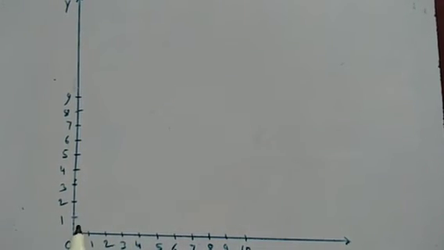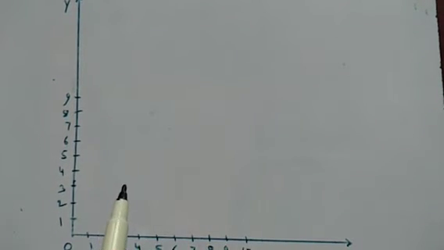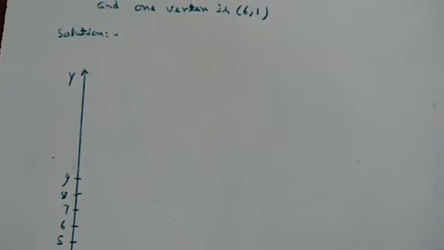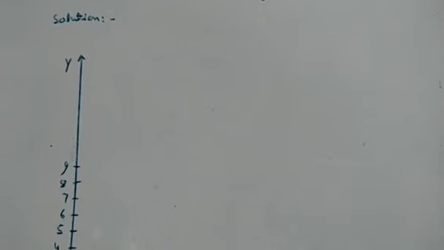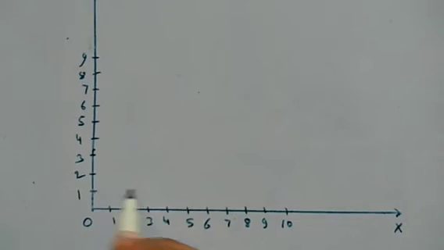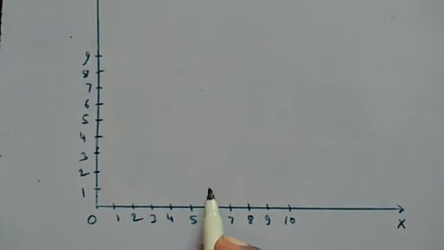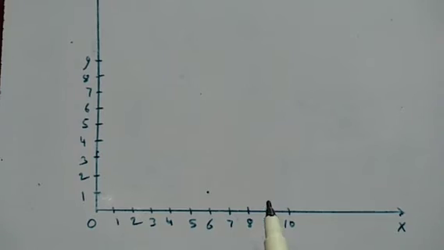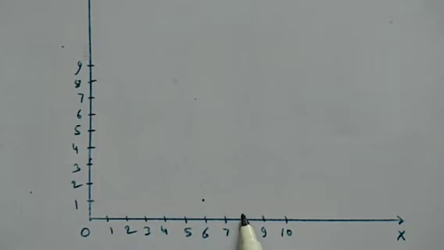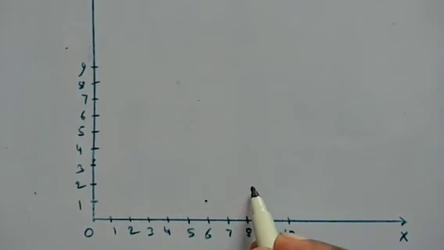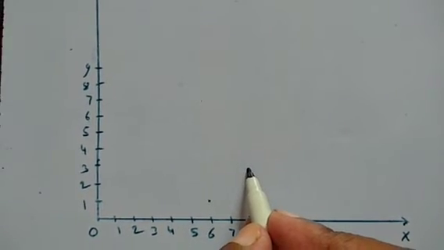So numbers are like this, and we try to put the given points (8, 3) and (6, 1) on this Cartesian plane. At first we plot point (6, 1). (6, 1) falls here, and the second point is (8, 3), that falls here.